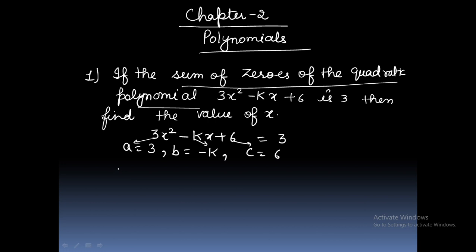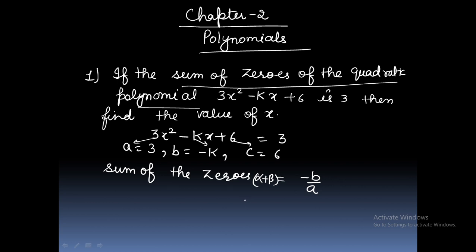Now put the formula for the sum of the zeros, that formula is alpha plus beta is equal to minus b over a.